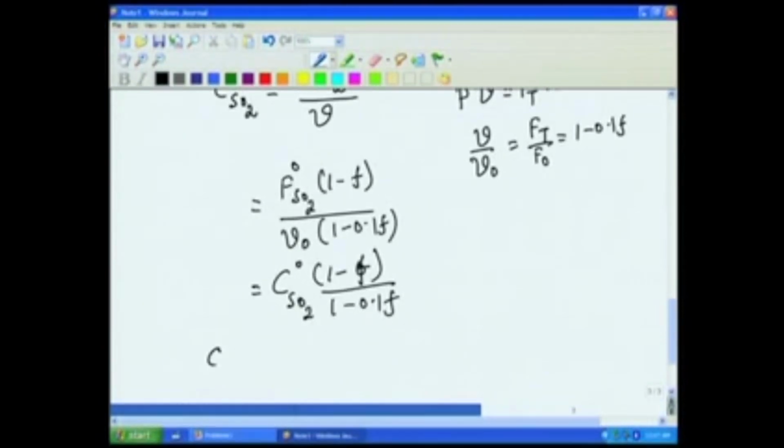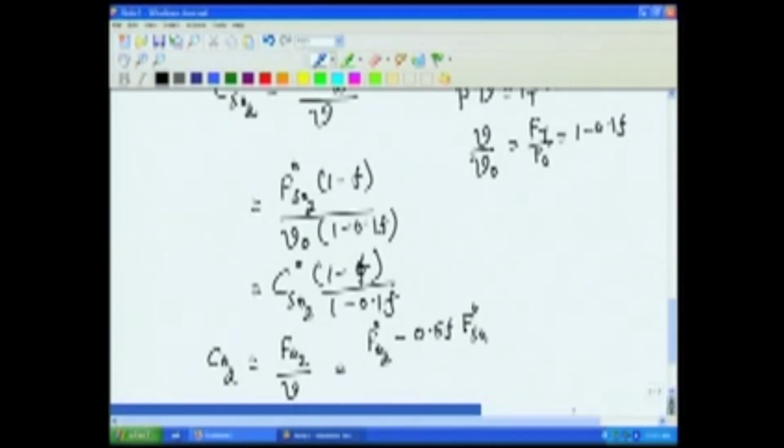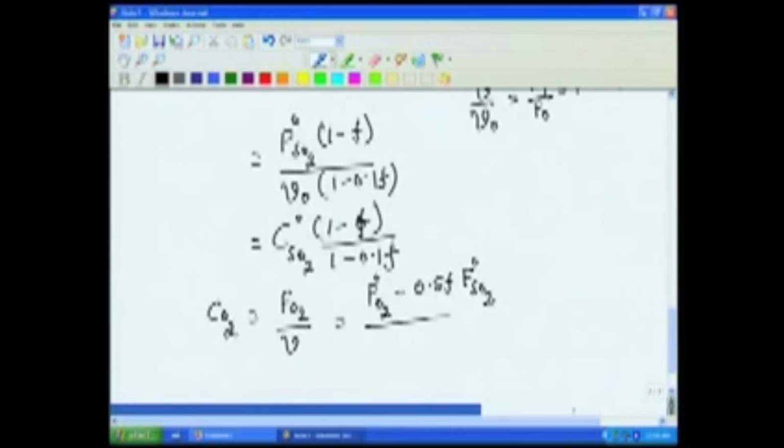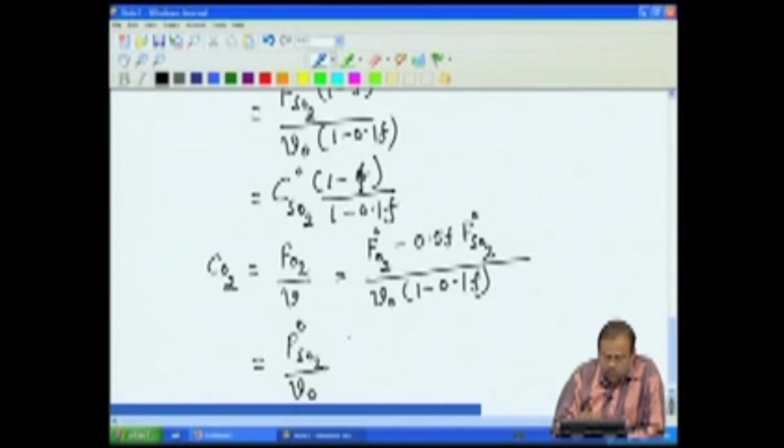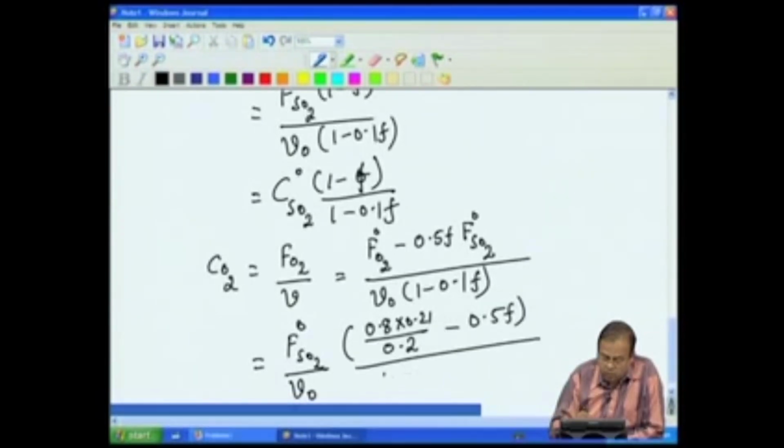For example, for concentration of O2, it will be F of O2 divided by V, which will be F naught of O2 minus 0.5 F into F naught of SO2, divided by V naught into 1 minus 0.1 F. Once again, in this particular case, we can take F naught of SO2 out as a common factor and then write this as 0.8 into 0.21 divided by 0.2 minus 0.5 F, divided by 1 minus 0.1 F.